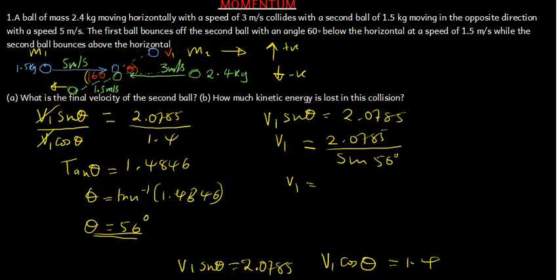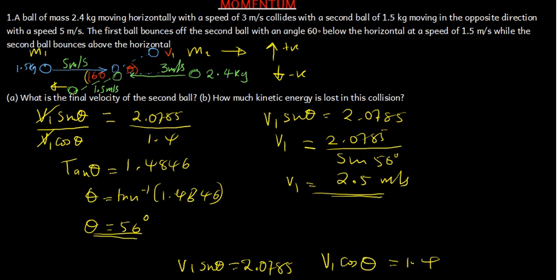Okay, so the velocity is 2.5. Let's just say 2.5, that would be meters per second. Well, that is the velocity at which it bounced, 2.5.